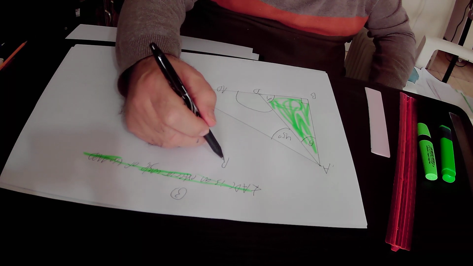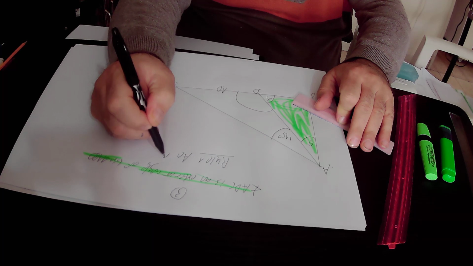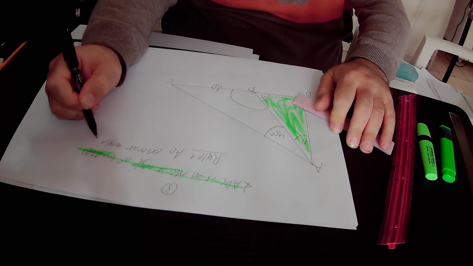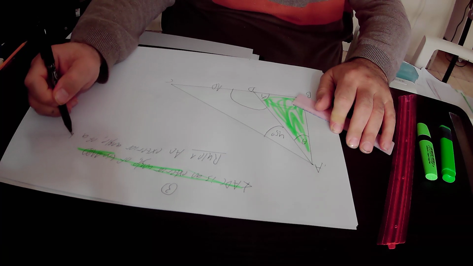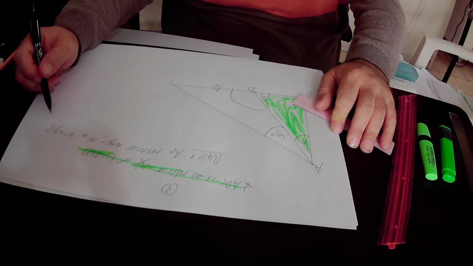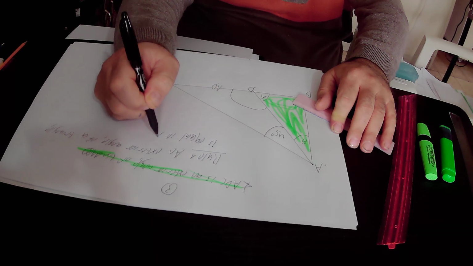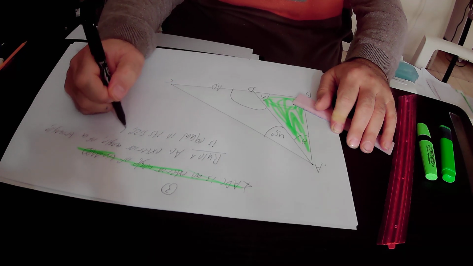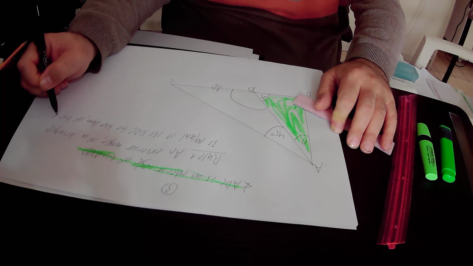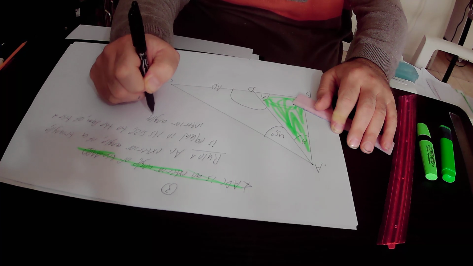According to rule number 1, an exterior angle of a triangle is equal in its size to the sum of the two interior angles that are not adjacent to it.